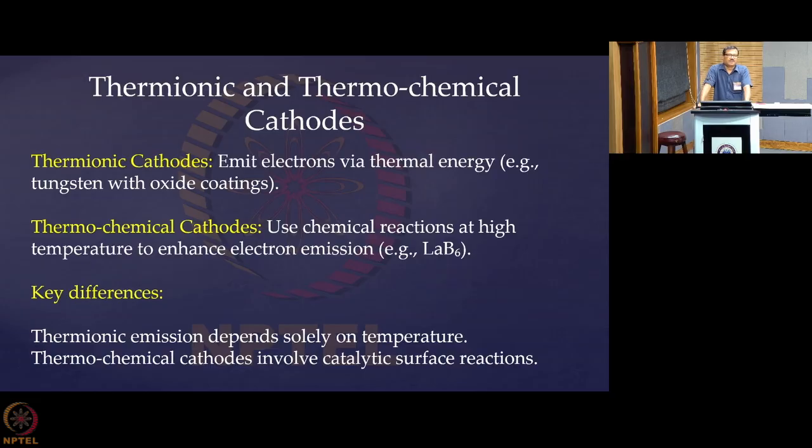So most of the time we are using thoriated tungsten as the thermionic cathodes for inert gases, but for reactive environment this tungsten cathode will not work, because tungsten becomes tungsten oxide. If you are putting in an oxidative environment, then tungsten oxide has a melting point of only 1400, whereas pure tungsten has a melting point of more than 3000 degree Kelvin.